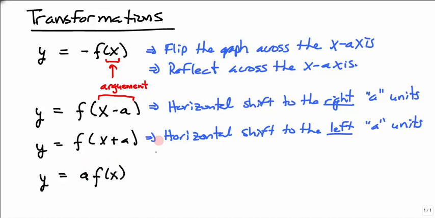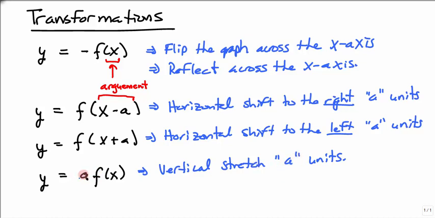And this is a vertical stretch, a units. So if this was a number 4, what we would do is take the highest point and the lowest point, and we'd stretch the highest point 4 times as many values up, lowest point 4 times as many values down, and that would be my new stretch. So this is a vertical stretch, a units.